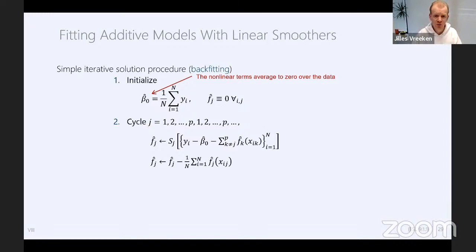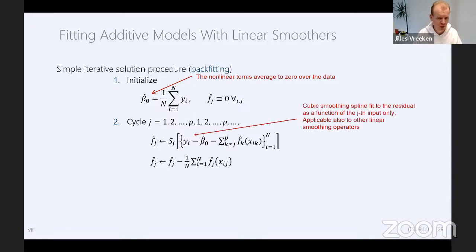Okay, now we're going to cycle. For j equals 1, we're going to estimate function 1 by applying, in this case, a cubic smoothing spline. You can choose whatever you want, but smoothing splines are nice.